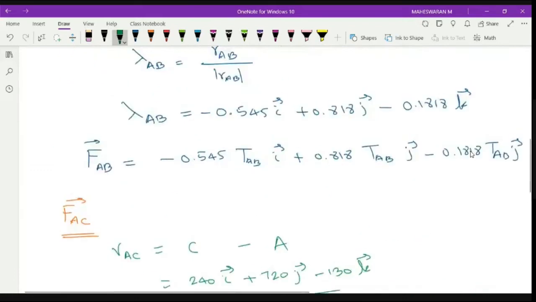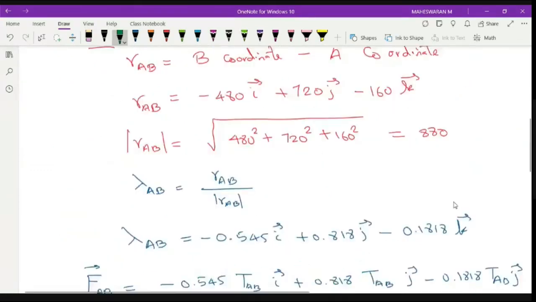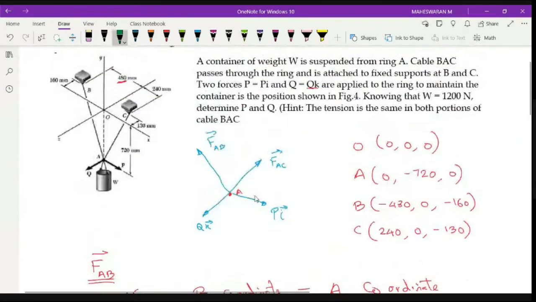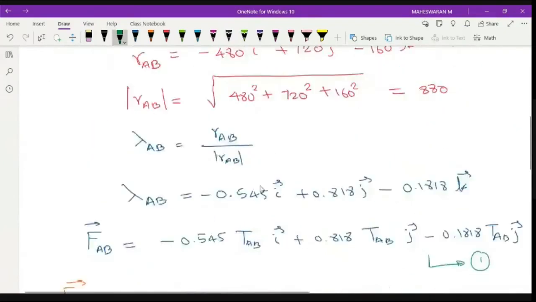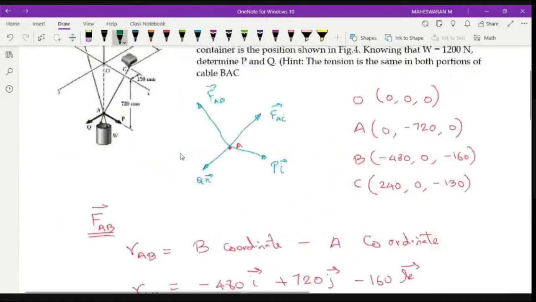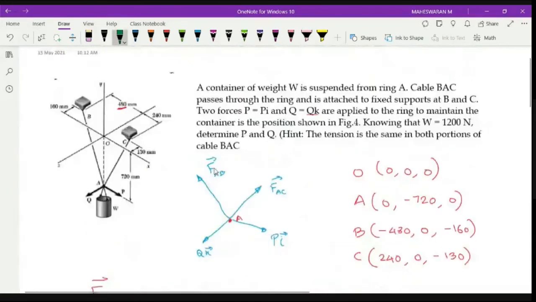So already I got one equation, that is equation 1, and now I got another, equation 2. Now the other two forces we can directly write: P vector is P i vector, which is parallel to your x-axis, and Q vector is Q k vector, which is parallel to your z-axis. Right? So we have written all these things.